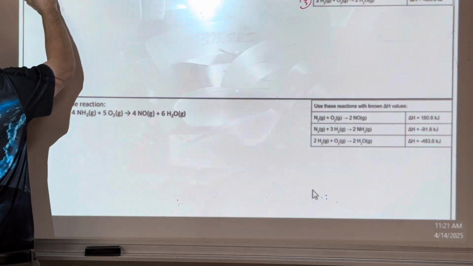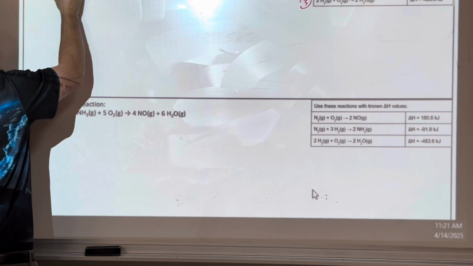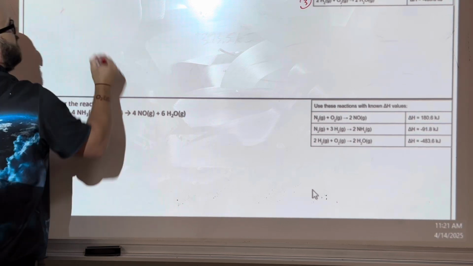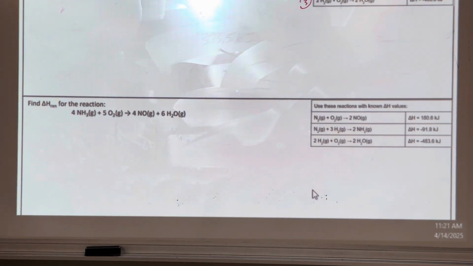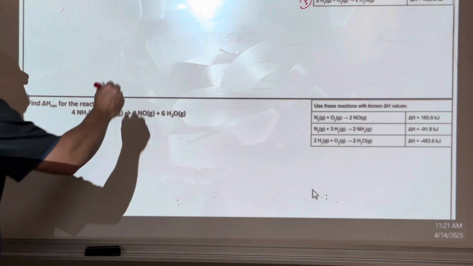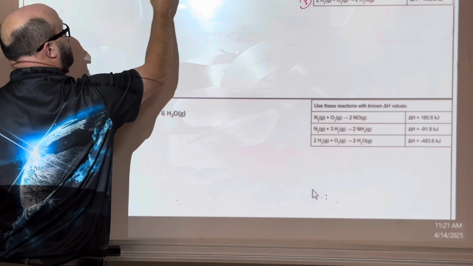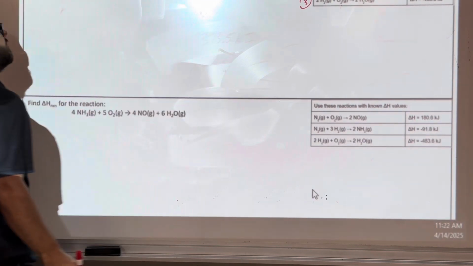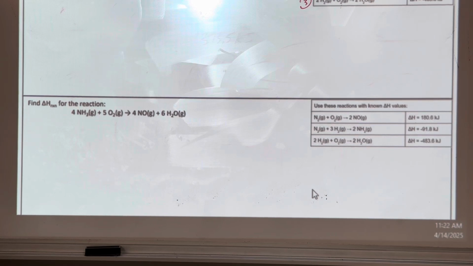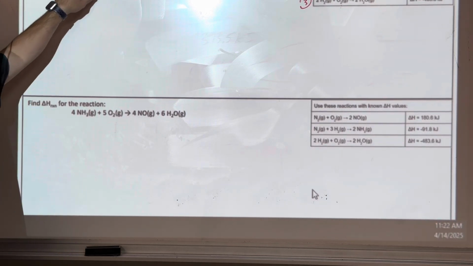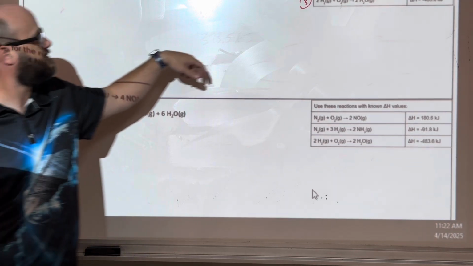So we're going to reverse number 1. And it was negative 2043. That makes it positive 2043 kilojoules. Step number 2, we've got 3 C's, 4 H2s.